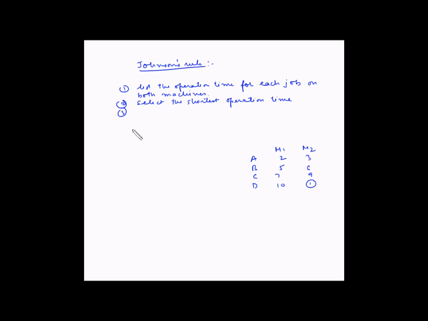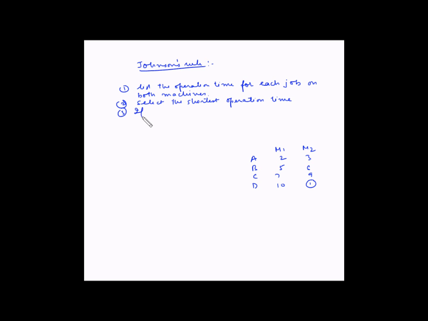And step 3 says, if the shortest time is for the first machine, do the job first. If it is for the second machine, do the job last.